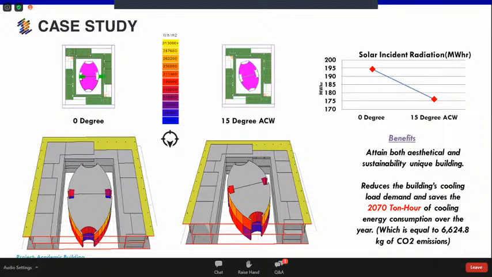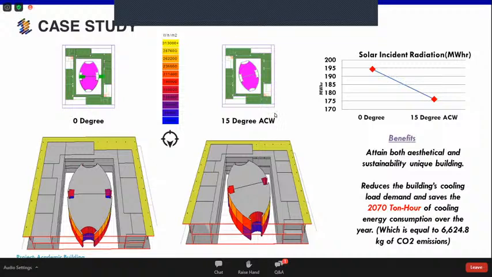Our maximum restriction was around 15 degrees, whether clockwise or anti-clockwise. So we did simulations with tilting as little as 5 degrees clockwise, 10 degrees clockwise, and the same anti-clockwise. When we did the different analyses, we found the maximum benefit at 15 degrees anti-clockwise.